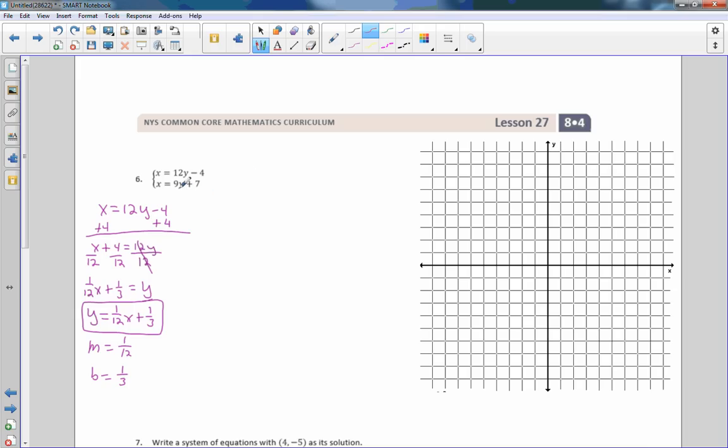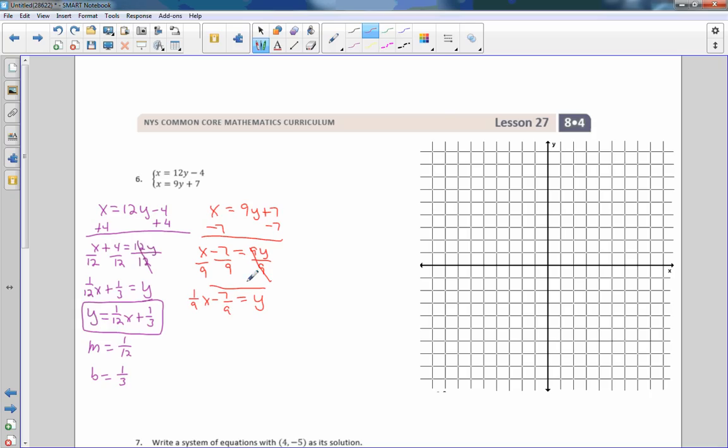Okay, so now I'm going to convert the second one to slope-intercept form so we can graph it. And I'm going to show you how to solve this in a moment to find the solution without converting it, but we need to convert it to this to plot points. So if x equals 9y plus 7, and I want y by itself, I will subtract 7 from both sides, and I get x minus 7 equals 9y. Now divide everything by 9, and this 9 and this 9 cancel, leaving y equals 1/9x minus 7/9.